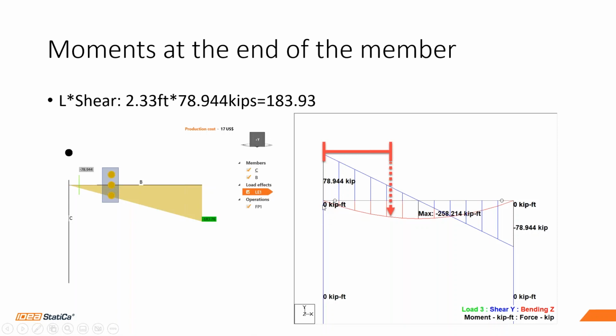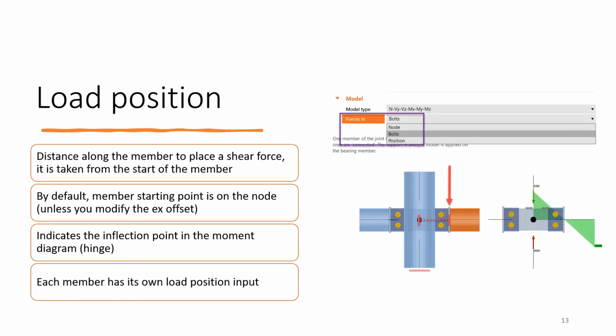Sometimes you do, but the majority of the times we don't do that. Because of that, we have this load position input in IDEA StatiCa, because when you're doing a connection design, we're focusing on that joint, and then the offsets are important, all right?